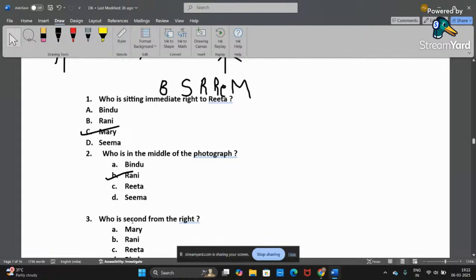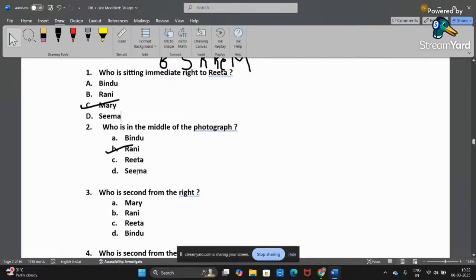So next, who is the second from the right? So who is the person from right side? 1, 2. Who is the second person? It is Rita.